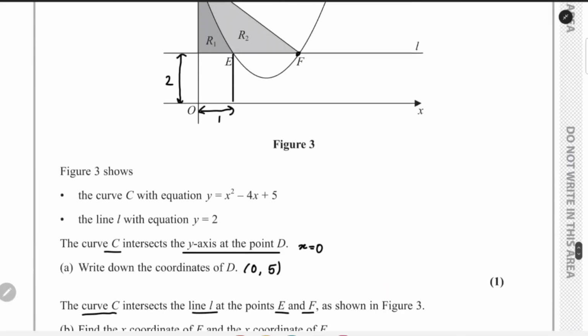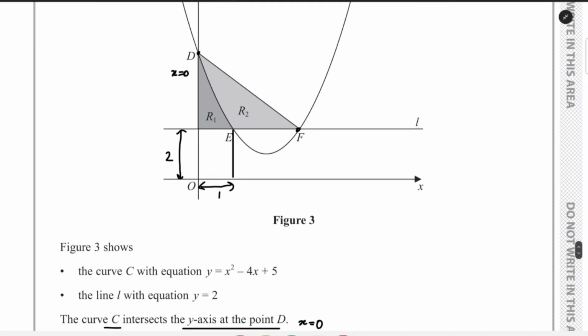Now we need to find area R2. There are two ways we can go about it.